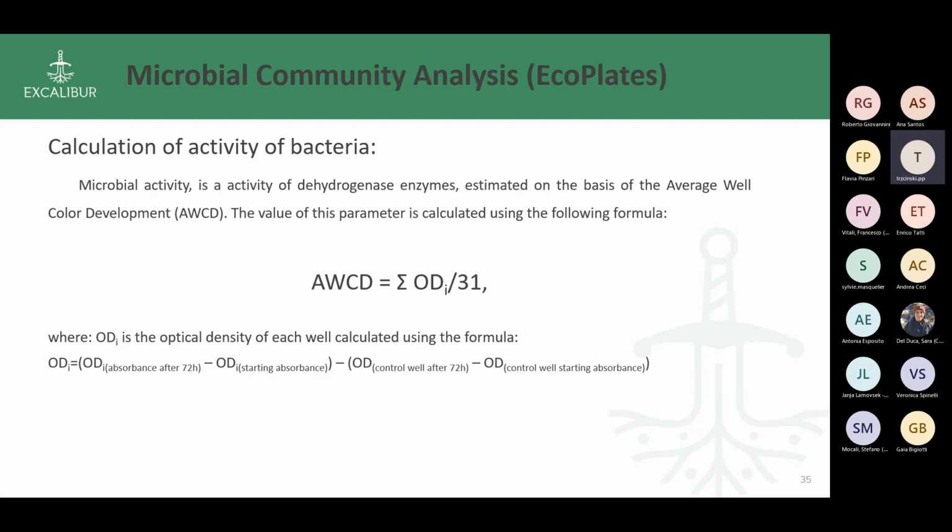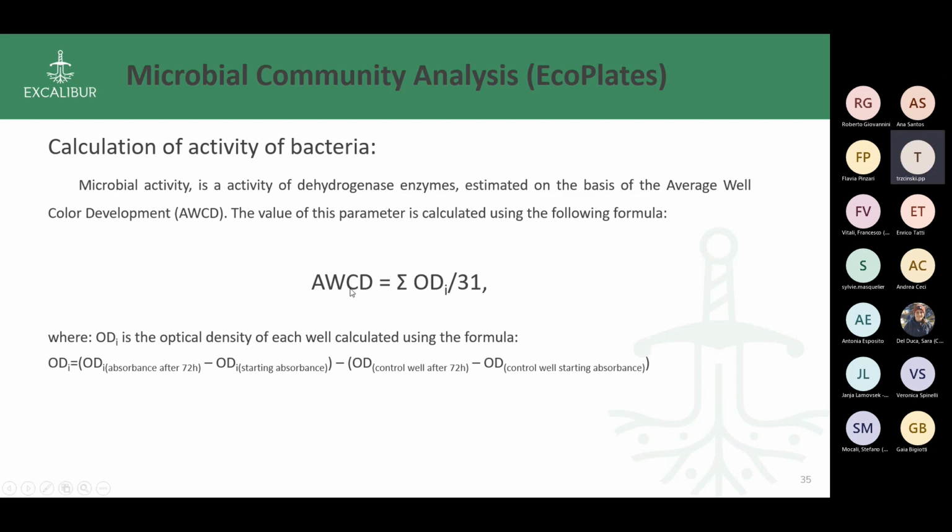So, calculation of the activity of the bacteria. The microbial activity is calculated in a manner more or less connected with the estimation of enzymatic activity. The Average Well Color Development, the AWCD index, is very easy to calculate.